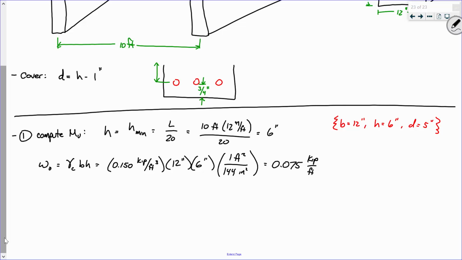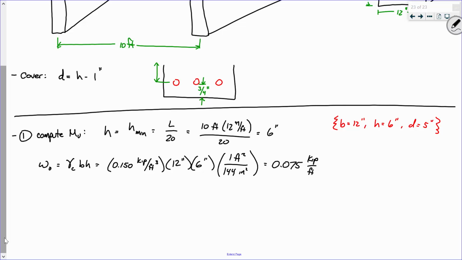Oh, no. This would be kips per foot. That's a good question because it's kips per cubic foot, but I took these square inches and converted them to square feet. So everything's in feet now. Now, what was I saying? Oh, live load. What's the live load? 200 what? Pounds per square foot. So what do I take a PSF and multiply by a flexural element's what to get the distributed load?